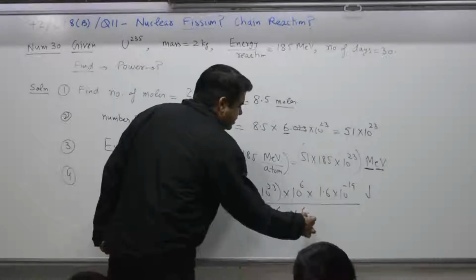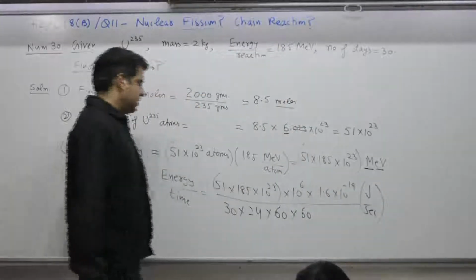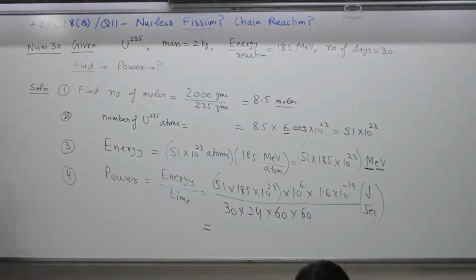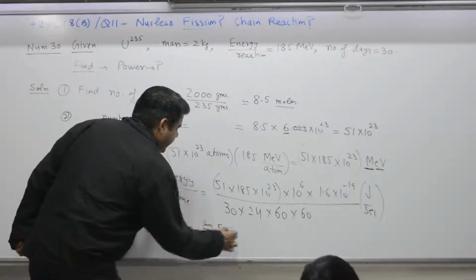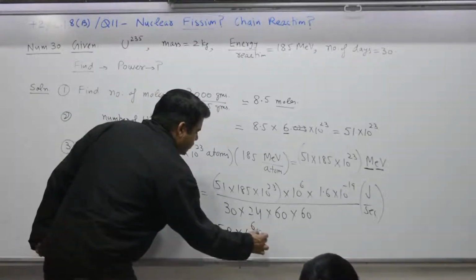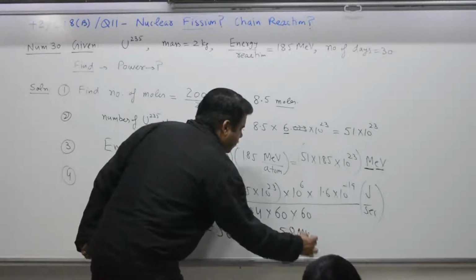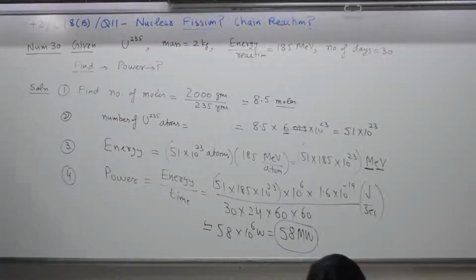Change it to seconds, 60 seconds. So this is joule per second, which is watt. Calculate and confirm that you get approximately 58.3 into 10 power 6, about 58 into 10 power 6 watt, which means 58 megawatt. Two minutes with you for calculation.